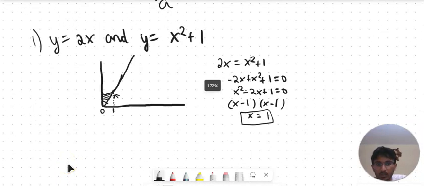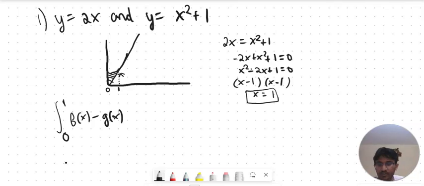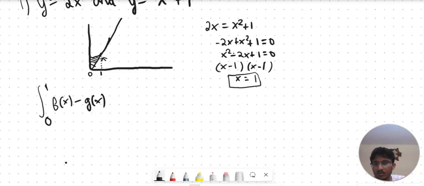So now that we have figured that out, we can find the integral from 0 to that endpoint that we just figured out, 0 to 1. Remember it was f of x minus g of x. F of x is going to be the top function. So what was it again?